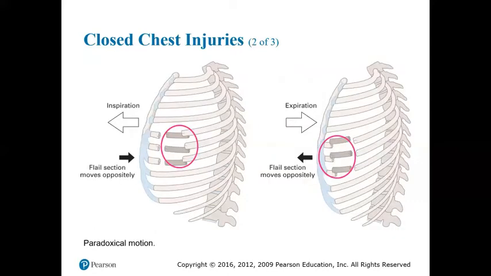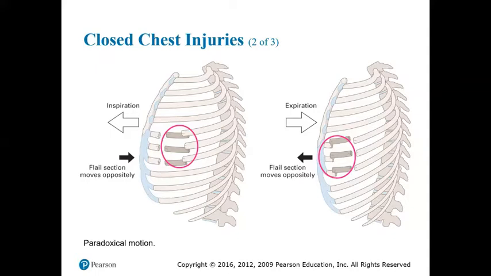This picture pretty much defines what a paradoxical motion is. On inspiration, the chest cavity gets bigger, but that flail section, the broken section, will actually go in. When you breathe out, your chest cavity shrinks, gets smaller, but that flail section will move out.